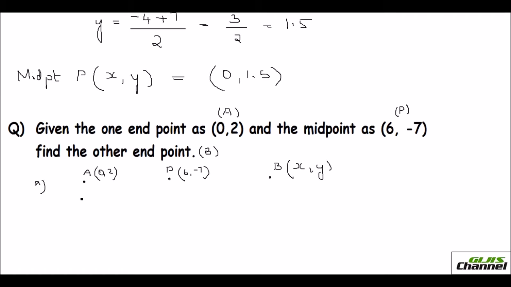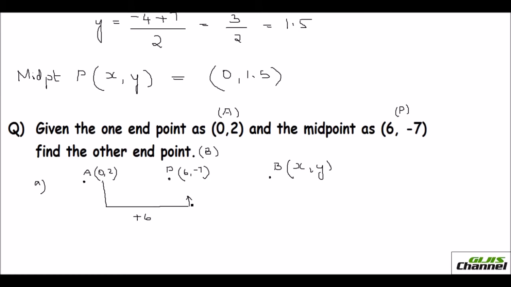Look at the pattern. First, let us look at the x coordinate. From 0, the x value has gone to 6. That means you have added 6 to your x coordinate to get the midpoint.